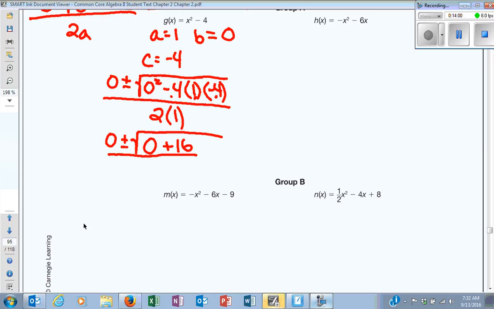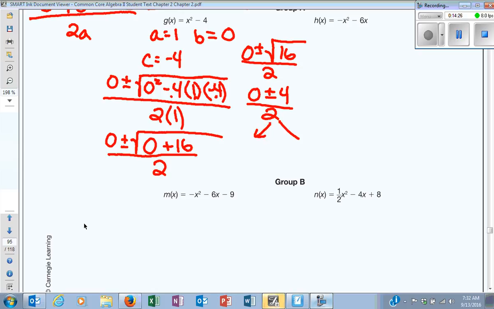All divided by 2. Zero plus or minus square root of 16 divided by 2. 0 plus or minus, what's the square root of 16? 4 divided by 2. Now, when I go to do this part, I've got to separate it.